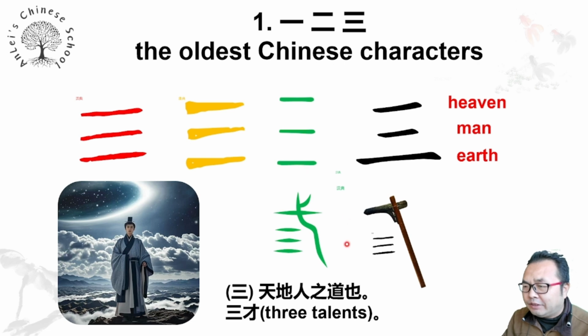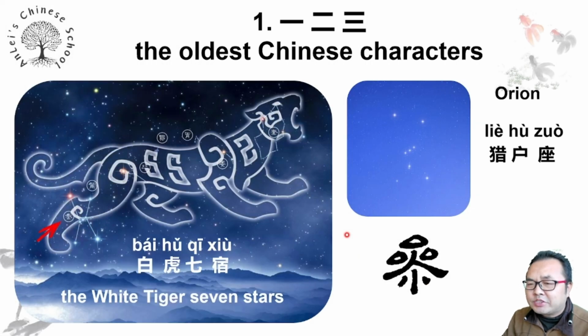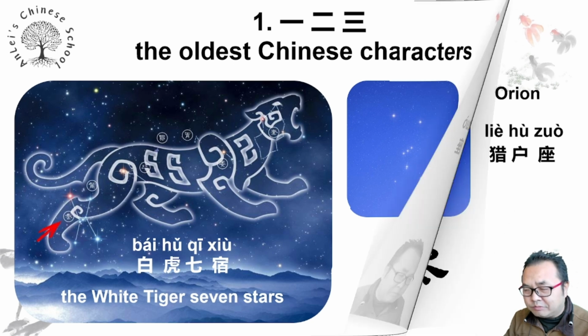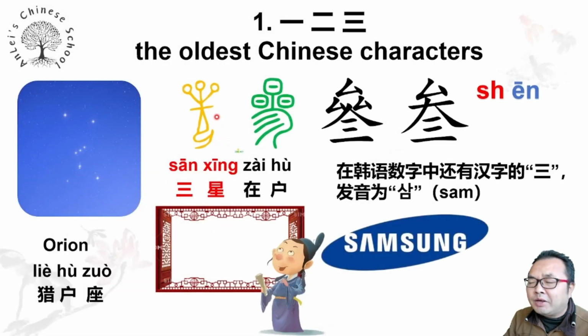There's a dagger axe. In ancient astronomy in China, there's one constellation called 白虎七宿, the white tiger, 7 stars, which includes Orion, 猎户座. There are three bright stars. This is the symbol of the 3 stars. On bronze inscription, there's a man kneeling down, and on the head there are 3 stars.